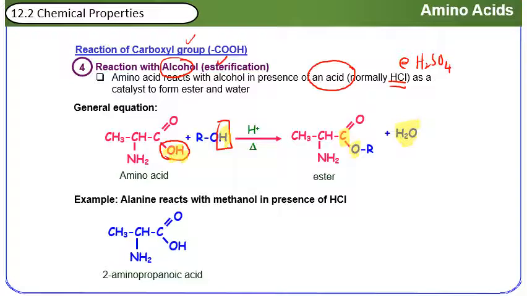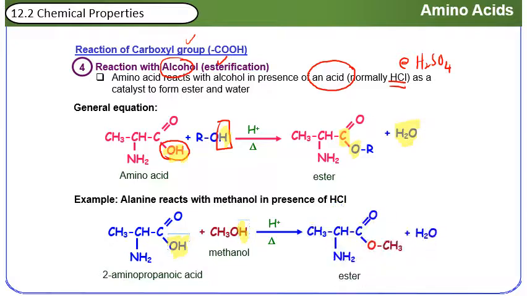If you are given the exact structure of the alcohol and carboxylic acid, we take out the OH from the carboxylic acid and the H from the alcohol to form water, and then the O from the alcohol will connect with the carbon. This is how we write the equation.